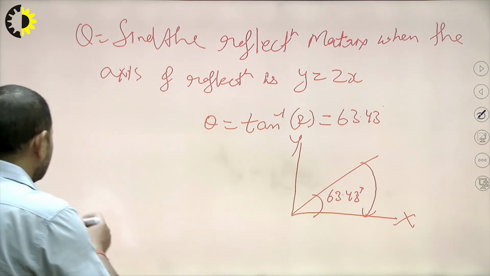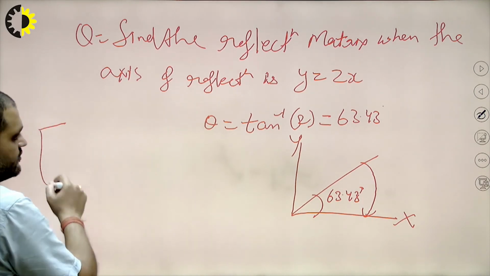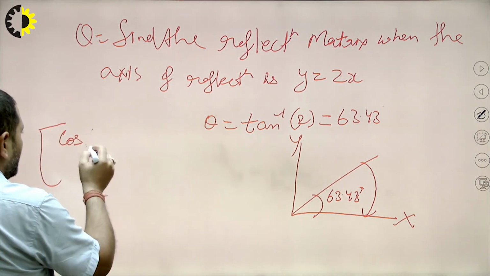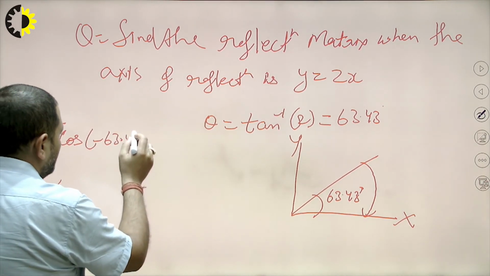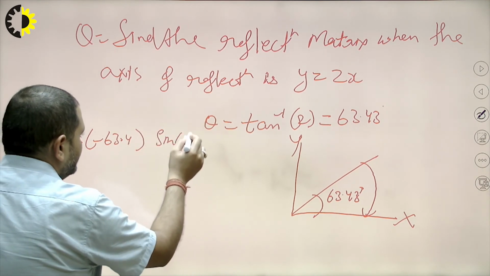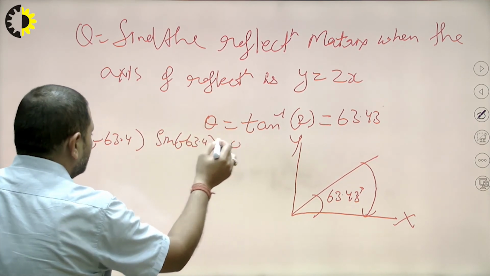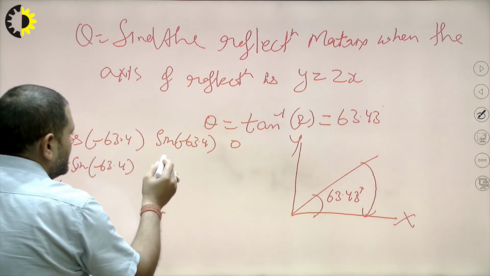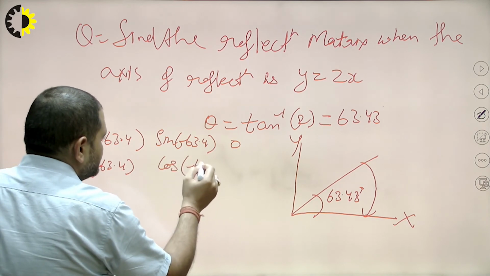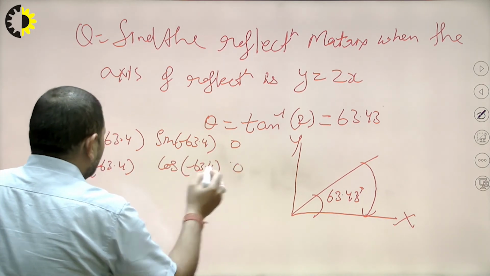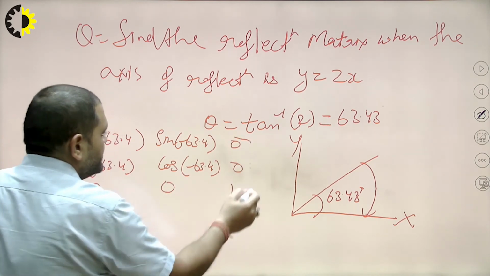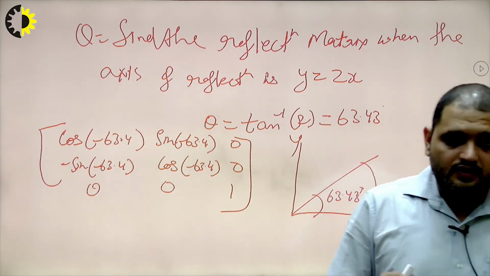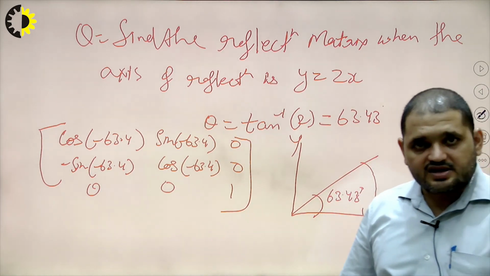For the rotation, the rotation matrix will be cos theta, and since it is in the clockwise direction, cos minus 63.4, sin minus 63.4, then minus sin minus 63.4, cos minus 63.4, and 0 0 1. This will be the first matrix when I rotate this line by 63.4 degrees to align it along the x-axis.